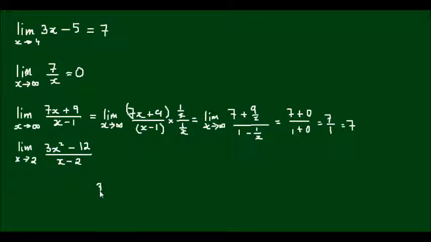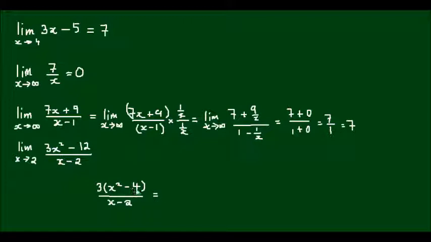If I first factor a 3 out, I'll get 3 outside of x squared minus 4 divided by x minus 2. Now I realize that x squared minus 4 is a difference of 2 squares. It is a difference of x squared and 2 squared.